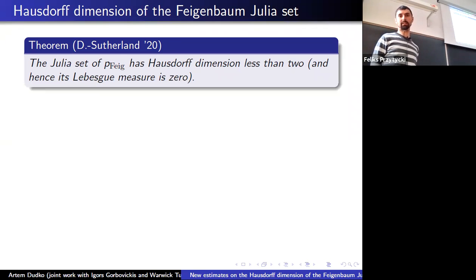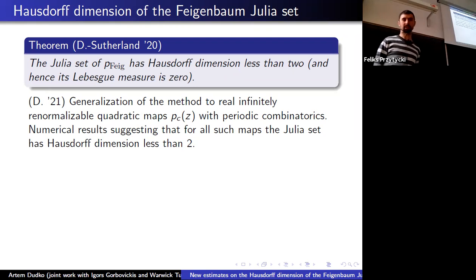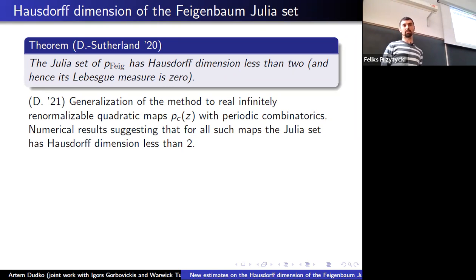We showed that it is strictly less than 2, using some techniques developed by Avila and Lyubich in their papers. Then I generalized the method to infinitely renormalizable quadratic maps with periodic combinatorics and real parameter c, and made some experiments, suggesting that in fact, for all real Feigenbaum maps, so infinitely renormalizable quadratic maps with periodic combinatorics, the Julia set has Hausdorff dimension less than 2.